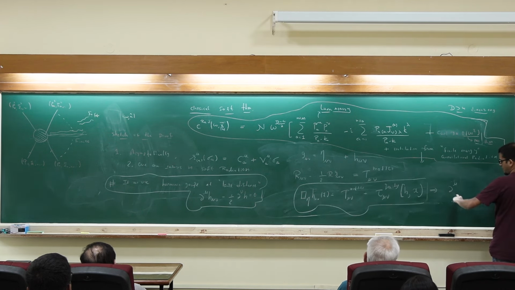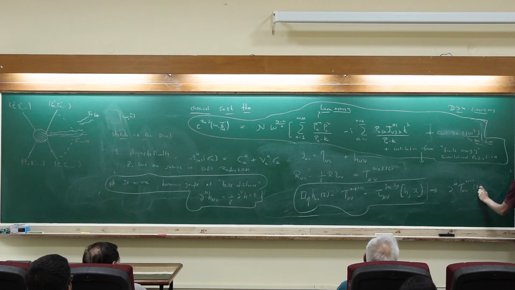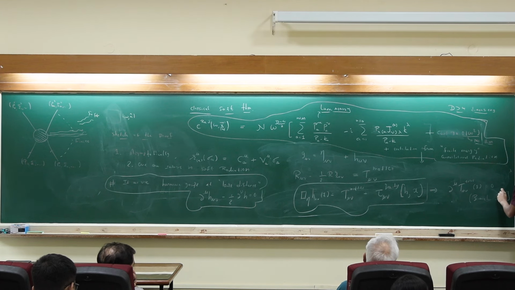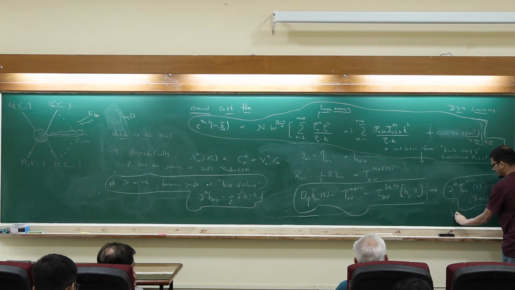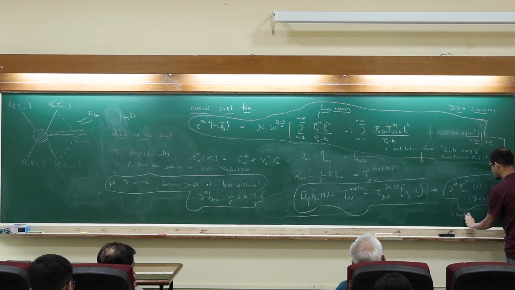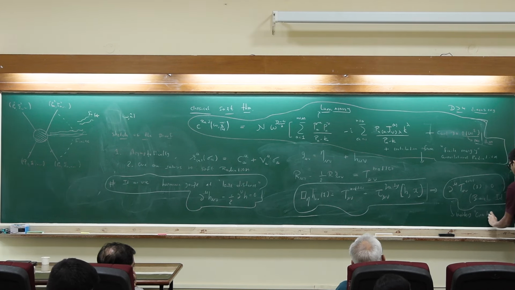So with respect to eta, we have partial mu T total mu nu equal to 0 just from the Bianchi identity. So far everything is exact. We haven't made any approximation. This is not new, of course, and there is an extensive discussion of this in Weinberg's book, Gravitation and Cosmology, on how to write the exact Einstein's equation in this form.